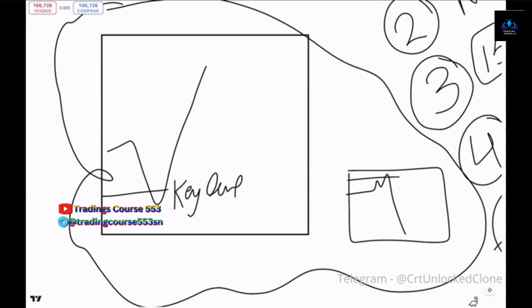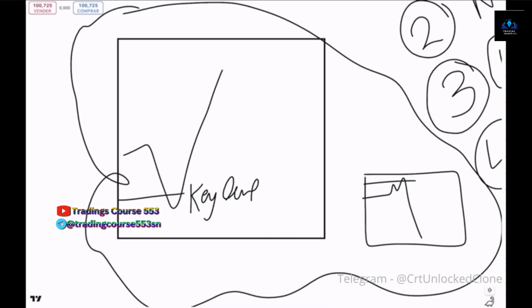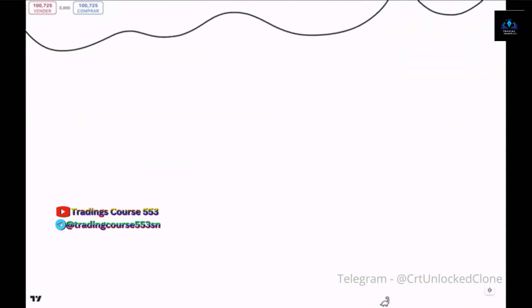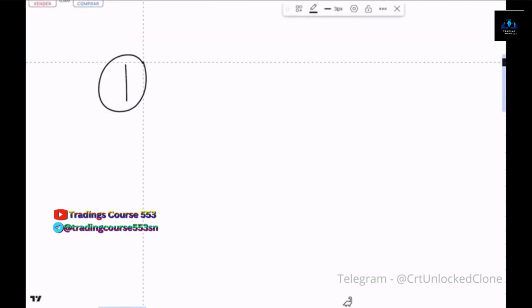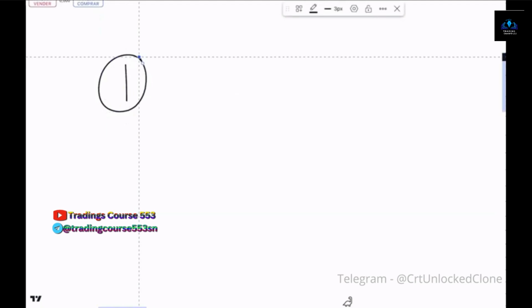But how do I know if we're bullish? Because I told you, wick above lowers prices, wick below higher prices, and so on. That's how you determine where price is going next. Wick above, next candle probably going to go lower.